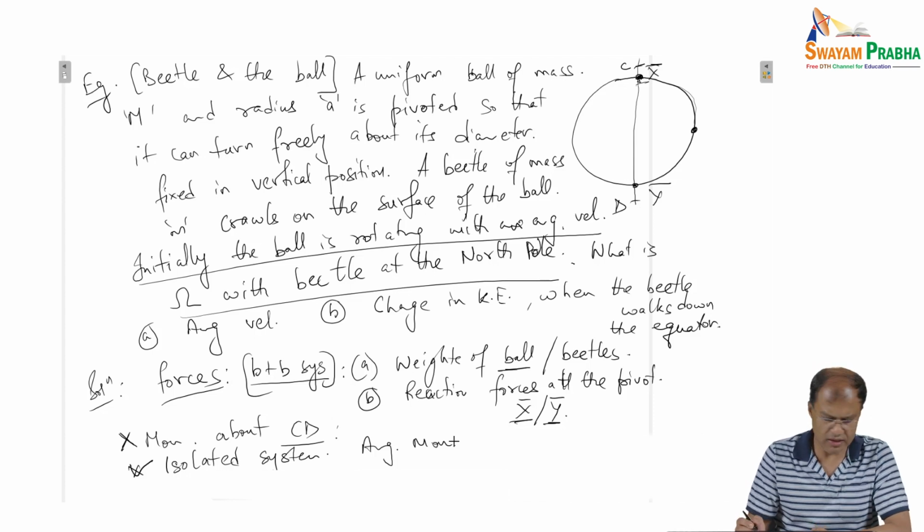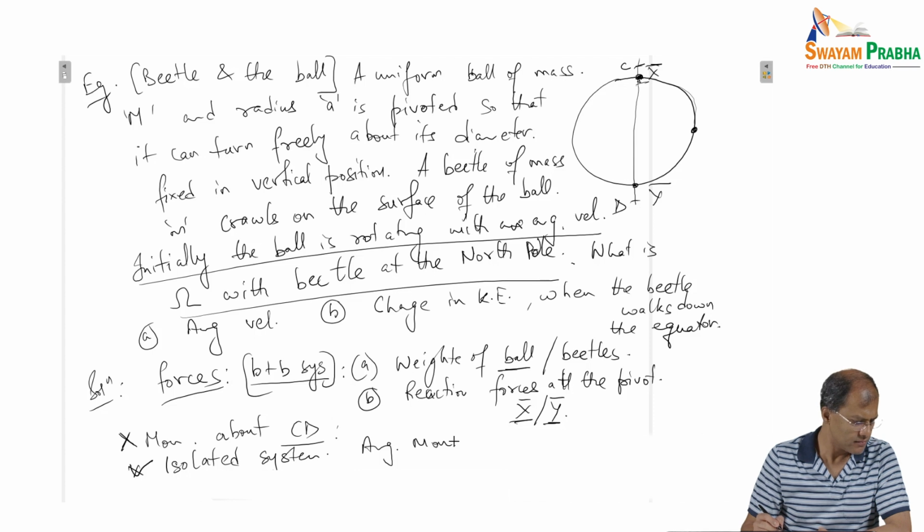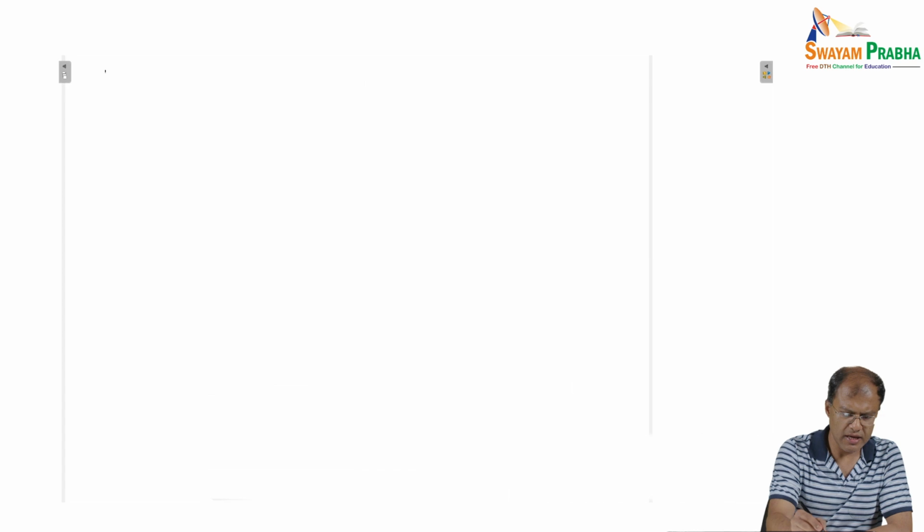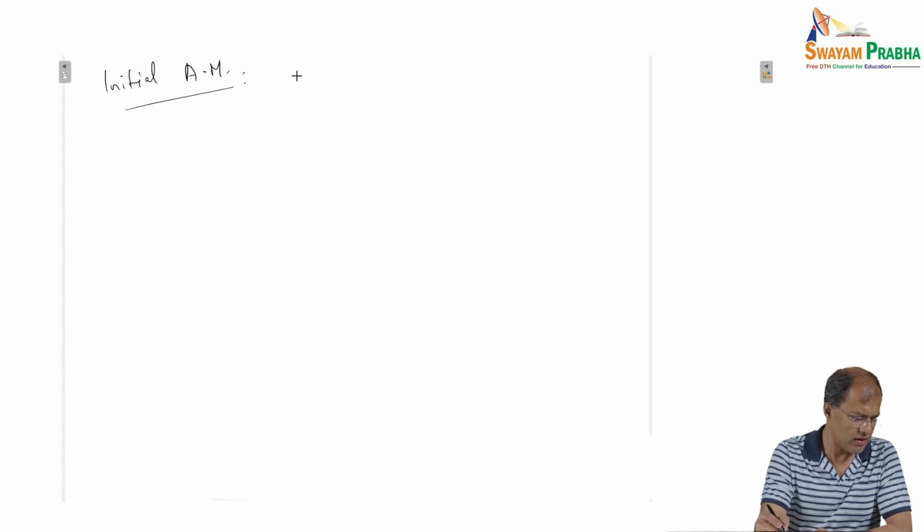Okay, so what we see is that the initial angular momentum of the system is given by the angular momentum of the ball.